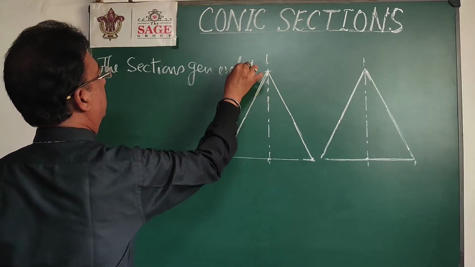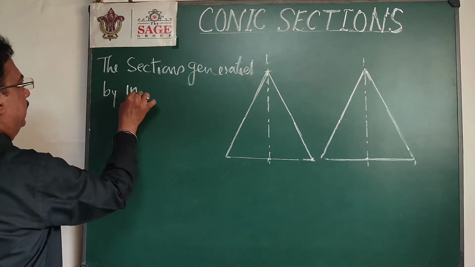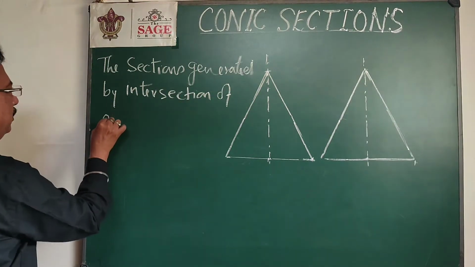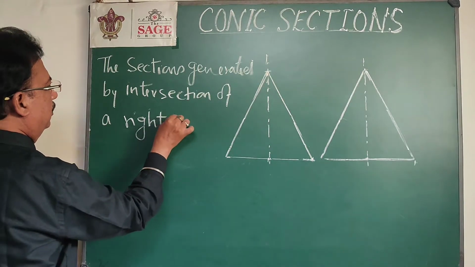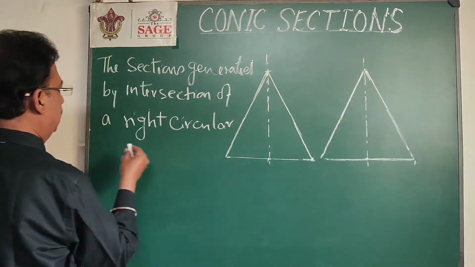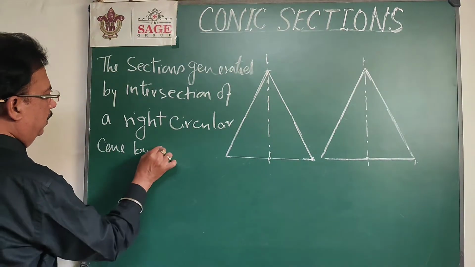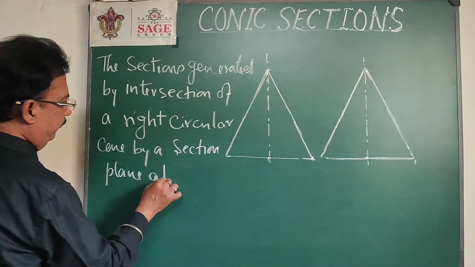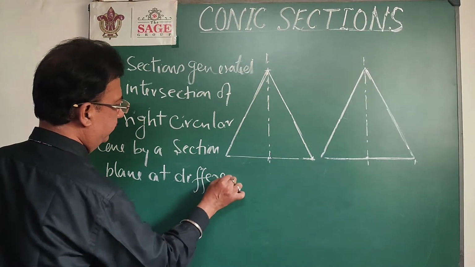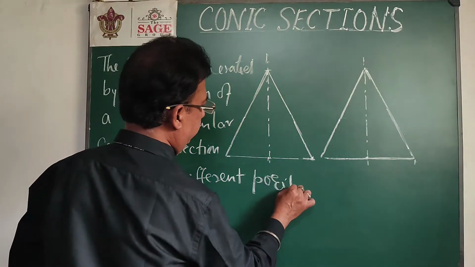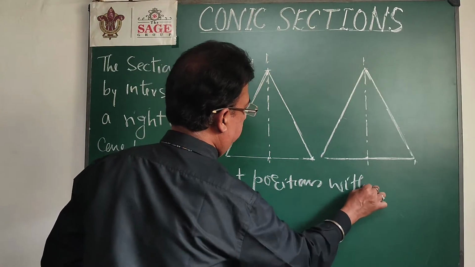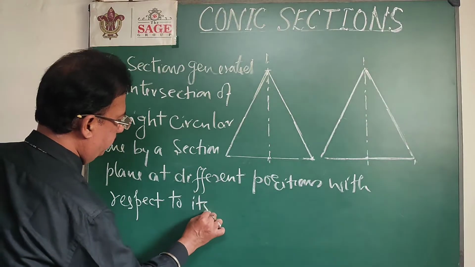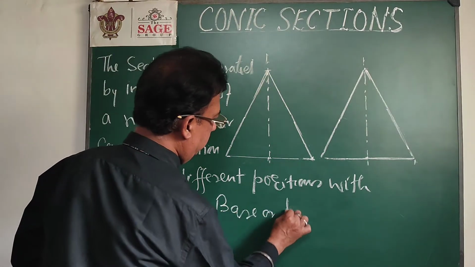So conic sections are the sections generated by intersection of a right circular cone by a section plane at different positions with respect to its base or axis.